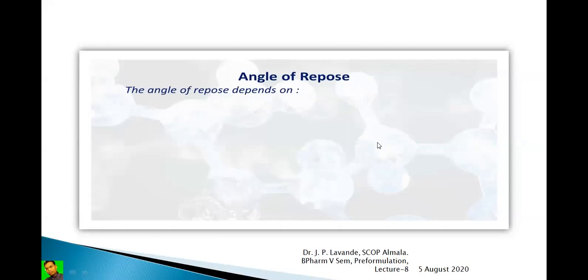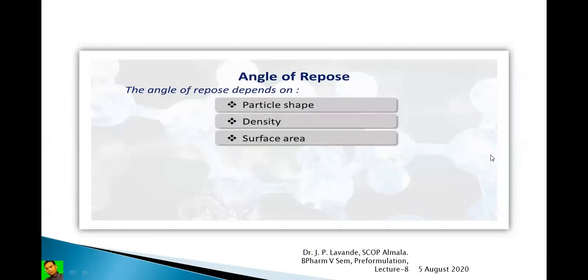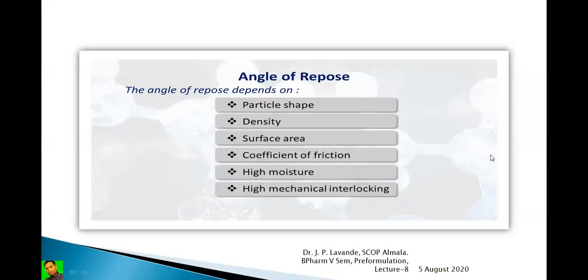This gives you the angle of repose, and it depends on various factors. What are these? These are particle shape, density, surface area, coefficient of friction, high moisture, and mechanical interlocking, along with electrostatic charges. If the particle size or shape is not uniform, the powder may not possess good flow property. If the density is too low, again they will possess less flow property.